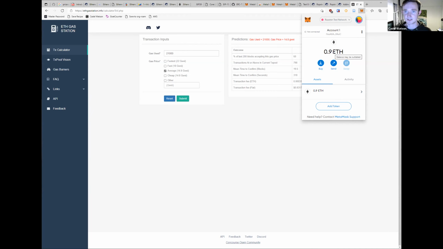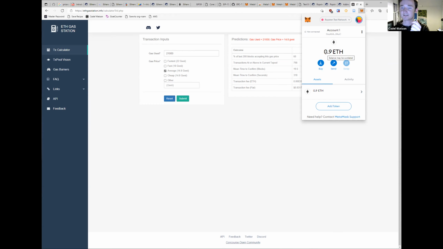One of the solutions to this is to use what's called a hardware wallet. You can see this, it just looks like a USB stick. It's got a little screen, and I can plug it in. My Ethereum private key is on this device here. When I want to send money, once I've plugged this in, the computer will send the transaction to this device.